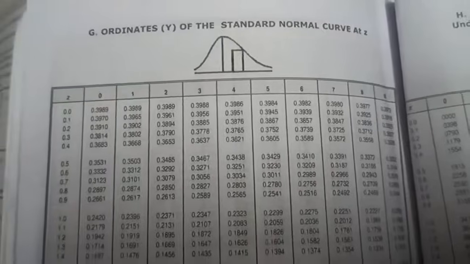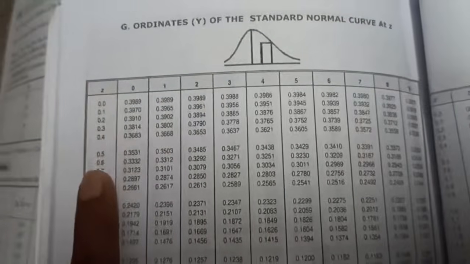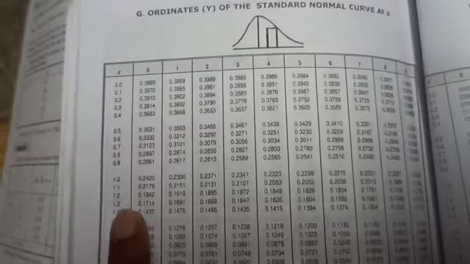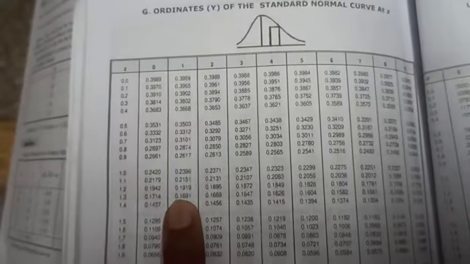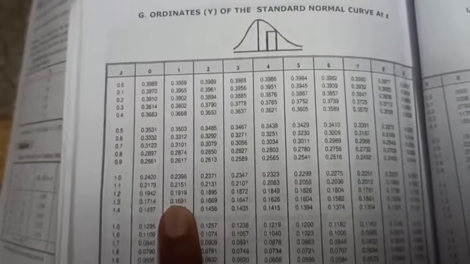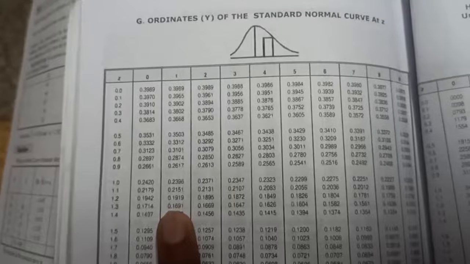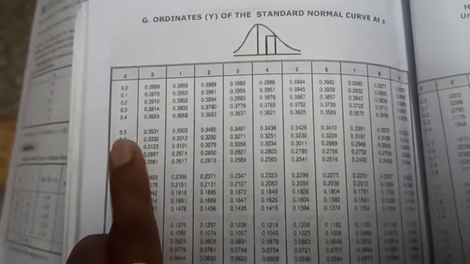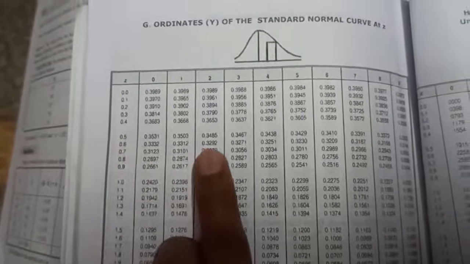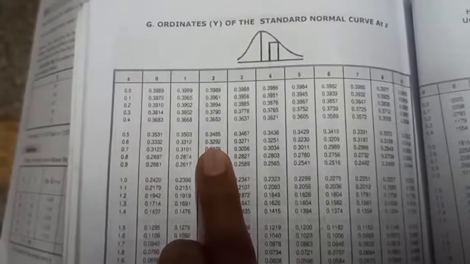Now we require the value of 1.31. So we will see the value of 1.3 under 1. This is 0.1691. Likewise we have to see the next value 0.62, that we will see 0.6 under 2, that is 0.3292.